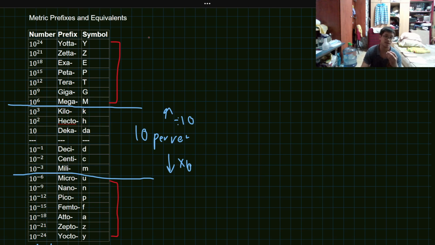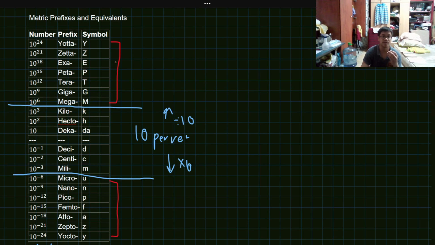But what's the difference? On the six basic metric prefixes, from milli to kilo, when you go up or down, it's 10 per row. Beyond the six basic metric prefixes, per row is 10 cubed.